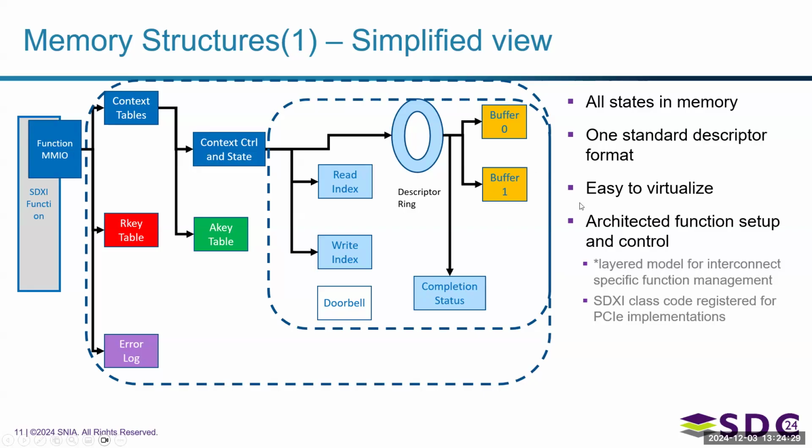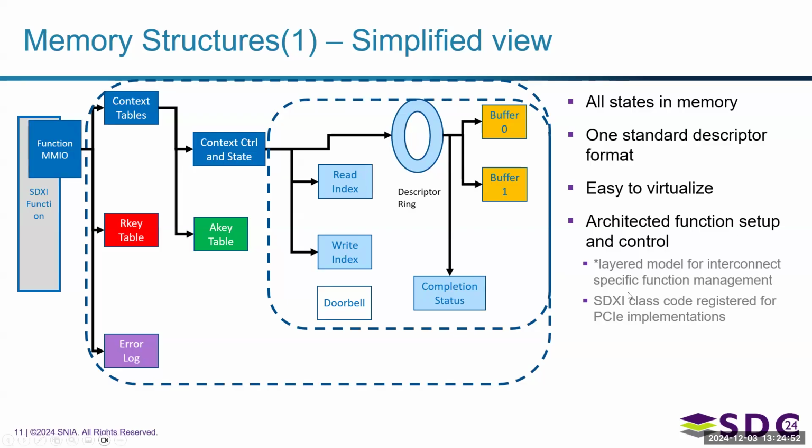And because the states are in memory, it's very easy to virtualize, because you don't have any hidden states behind the accelerator implementations that you need to go and find out about before you can move the job to some other virtualized host, for instance.